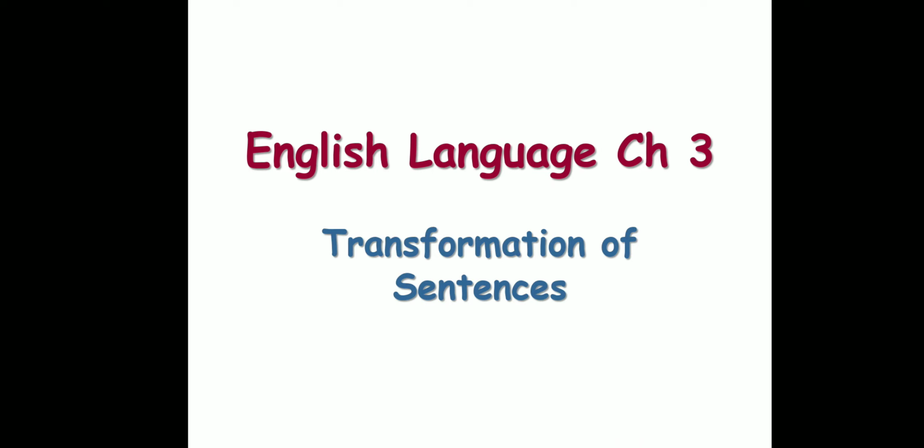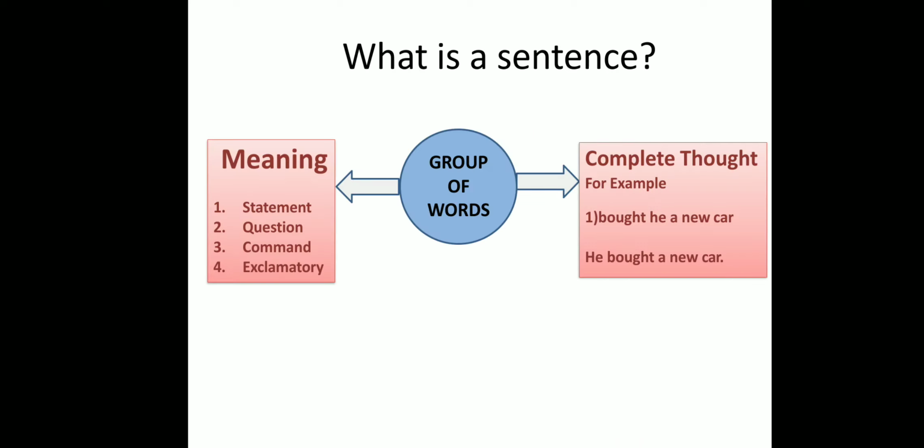Alright. So first, before starting with the transformation of sentences, I first want to do a recapitulation of what you studied in sentences. So in sentences, I told you a sentence is a group of words which expresses a complete thought. So when you have a number of words which are arranged in the correct sequence and it conveys meaning to you, it is called a sentence.